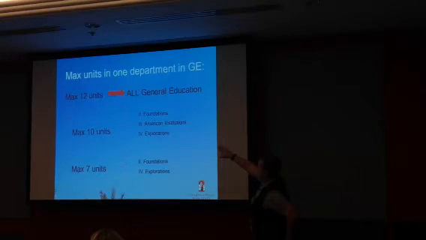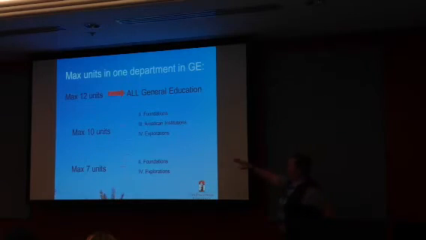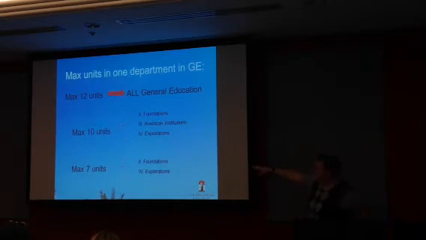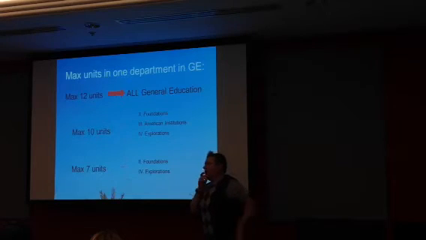And then the 10 units, those 3 areas: lower division is foundations, upper division is explorations, and then your American institutions. And then the 7 units is coming from foundations, lower division GE, and exploration, upper division GE. Okay, yes? So these are all separate maximums for each separate thing you're talking about.